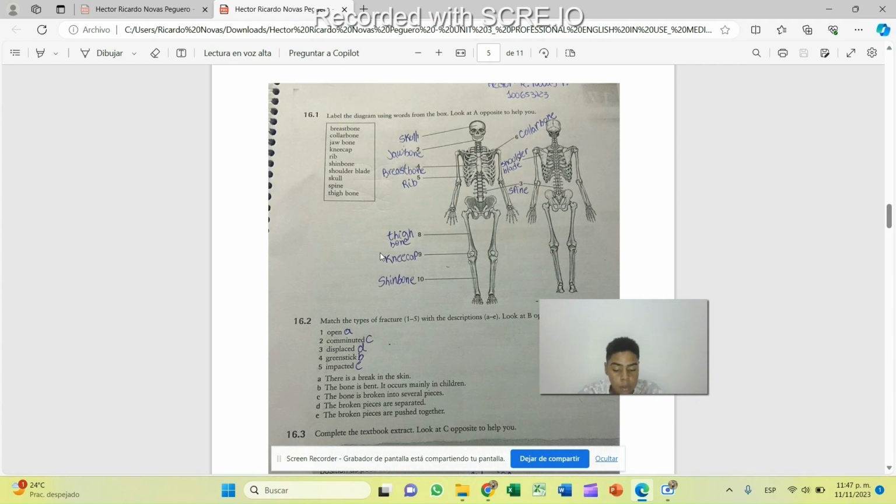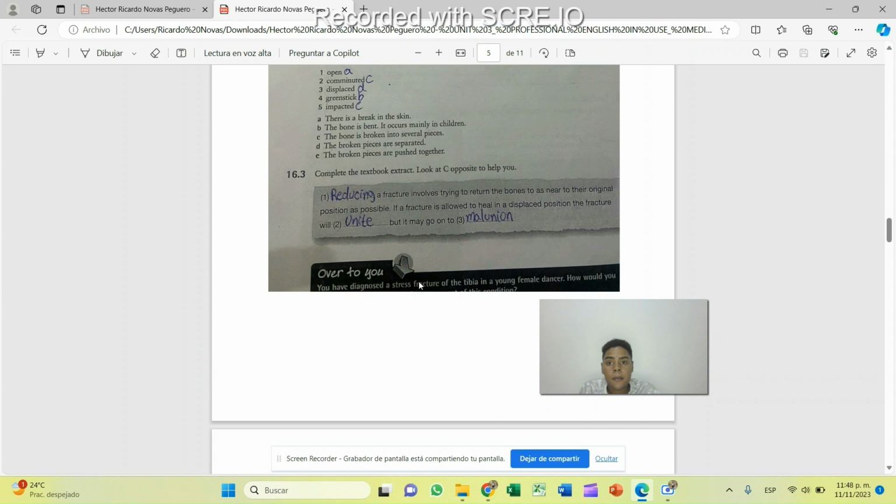It occurs mainly in children. 4. Greenstick. D. The broken pieces are separated. 5. Impacted. E. The broken pieces are pushed together.